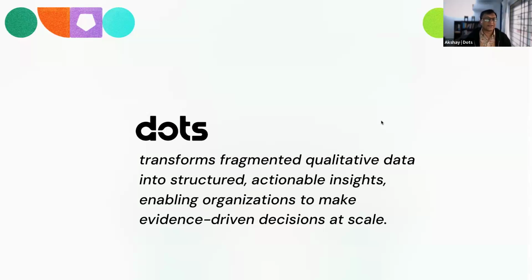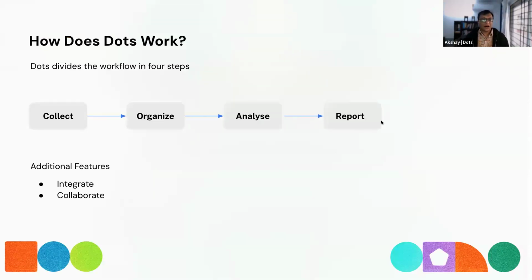We've been doing this, as I said, for the last few years across a number of different domains. And I just want to quickly share with you a little bit about how Dots works, because that's going to be anchored in when we talk about a few of the concepts as we go forward.